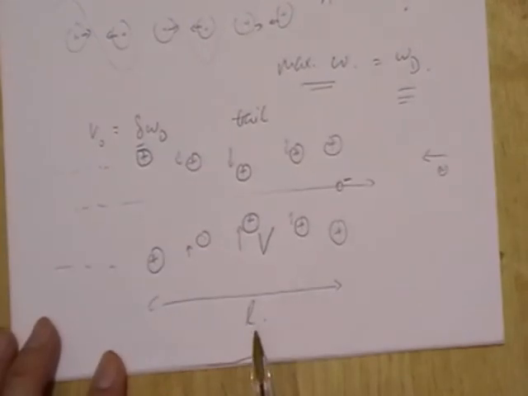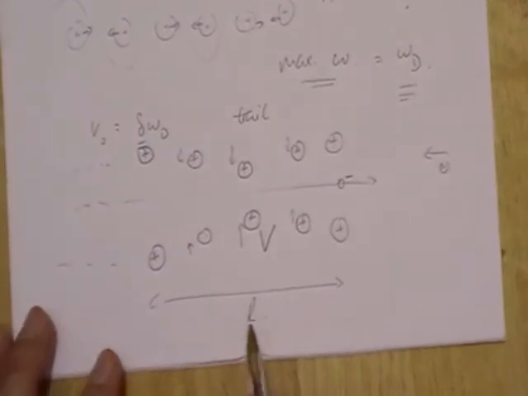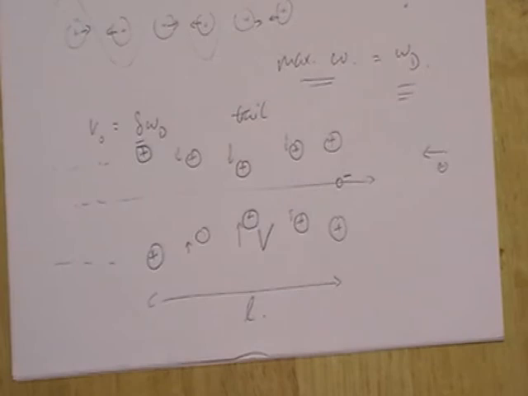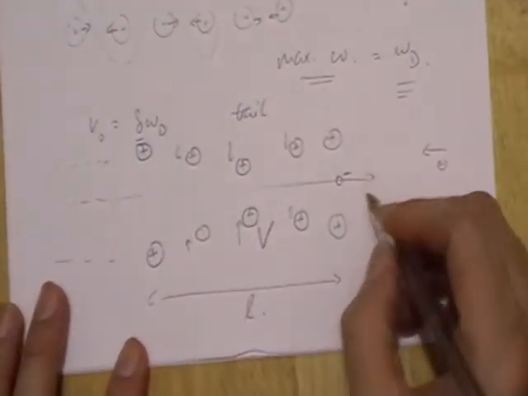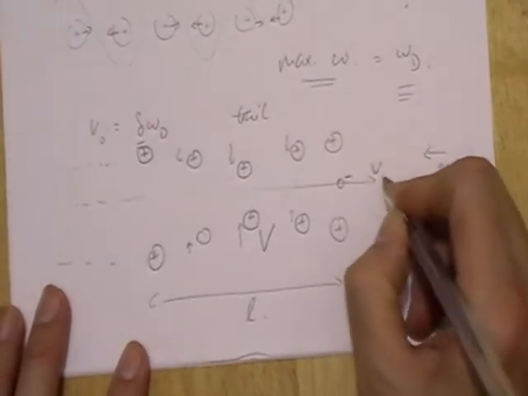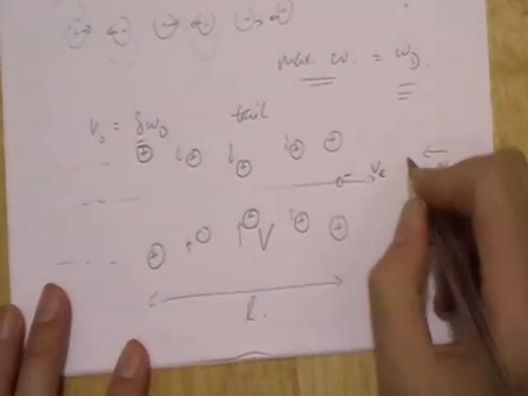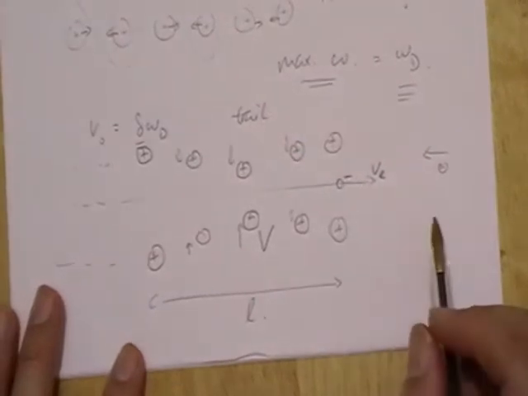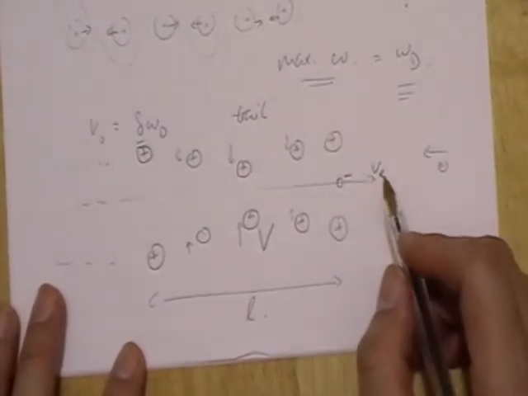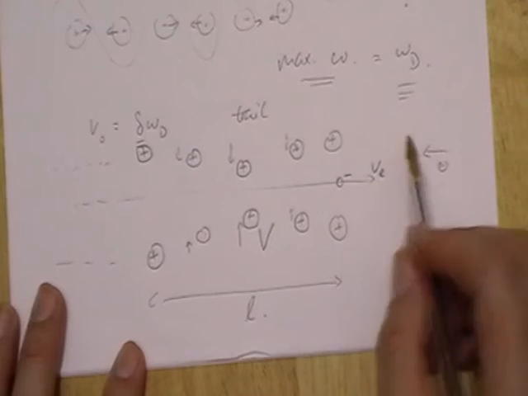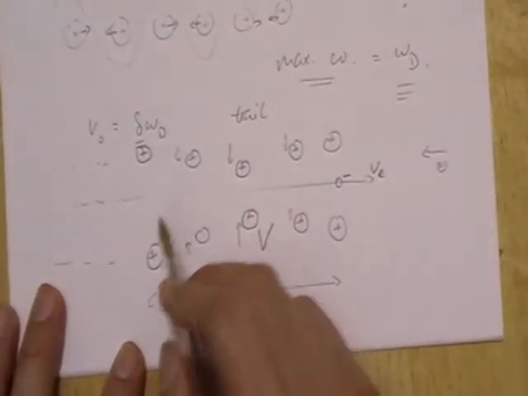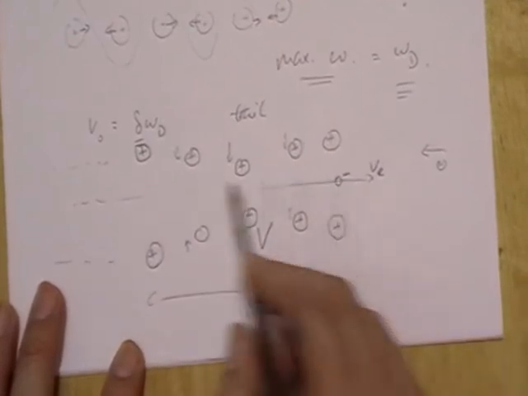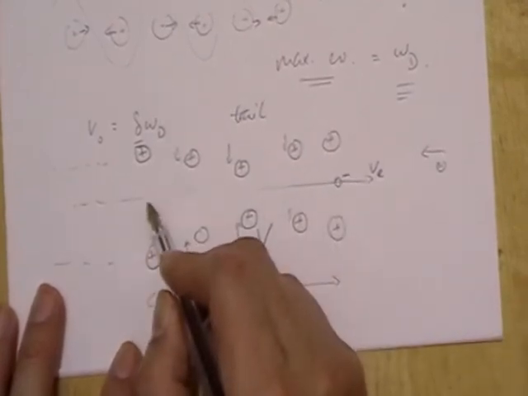Alright, so let's see how we might be able to calculate L. We can make use of what we already know, that this velocity is V, say V_E of the electron. Now if we look at this particular ion here, once upon a time that electron was there.